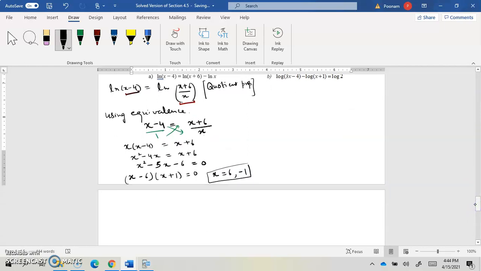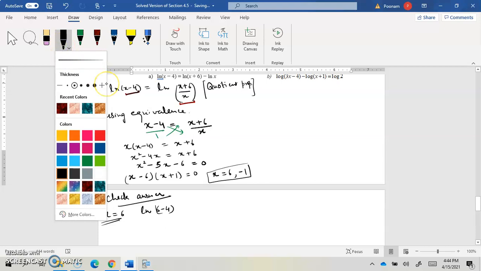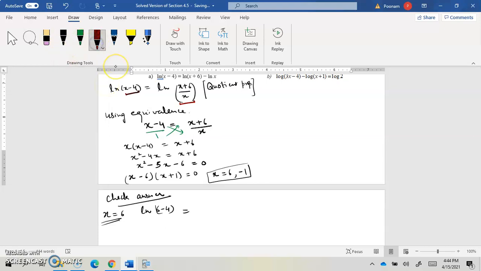But in log equations, always check your answer, meaning try x equal to 6 in the given equation. So natural log of 6 minus 4. The question is, is it equal to natural log of 6 plus 6 minus natural log of 6?